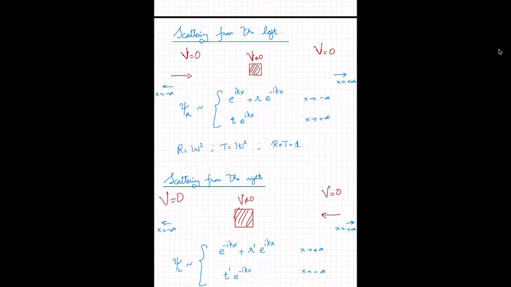Similarly, the t e to the ikx can also be interpreted as an outgoing wave, but this time traveling towards the right. So in this example, I have one ingoing wave traveling in the right direction, and two outgoing waves, one traveling along the right and one along the left.